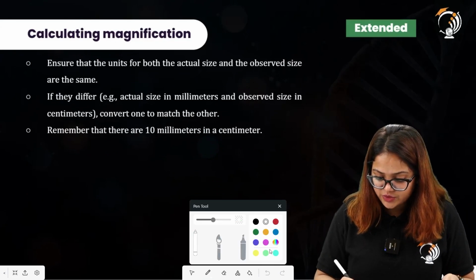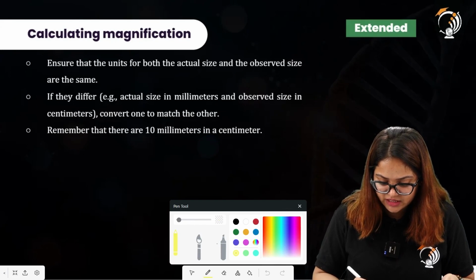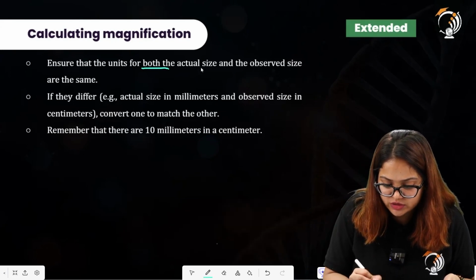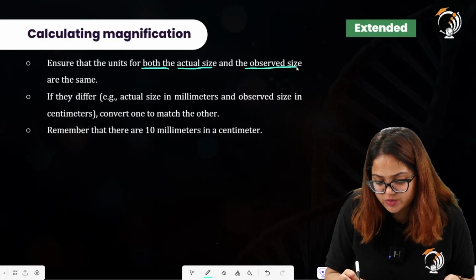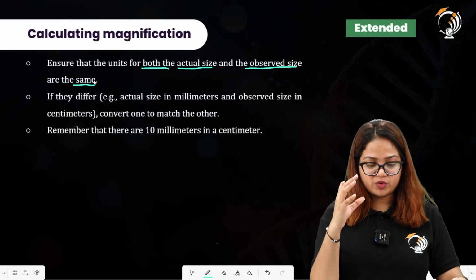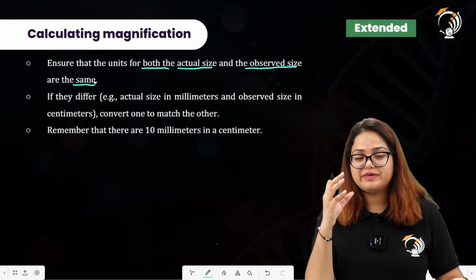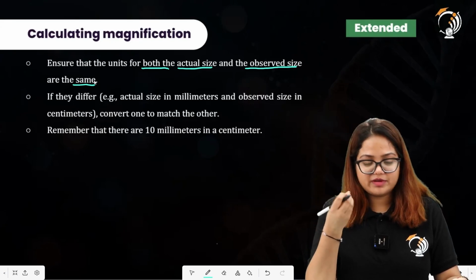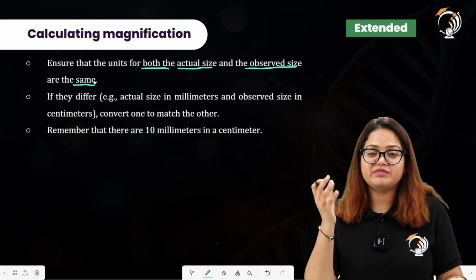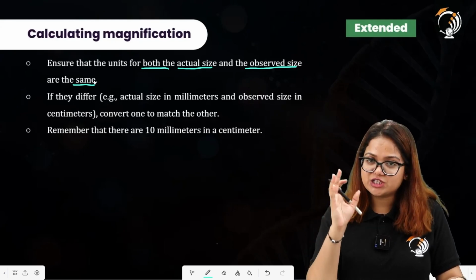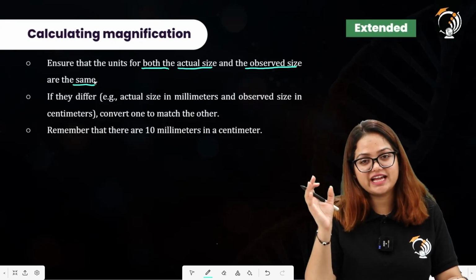Now, the thing you need to keep in mind while calculating the magnification is to ensure that the units for both the actual size and the observed size are the same. So, keeping the units the same, if the question says the size is in millimeter, we will keep the size in millimeter for the actual size and for the magnified size as well.